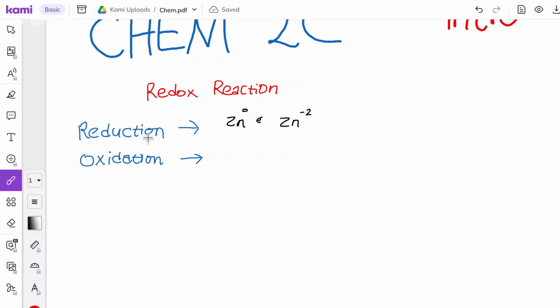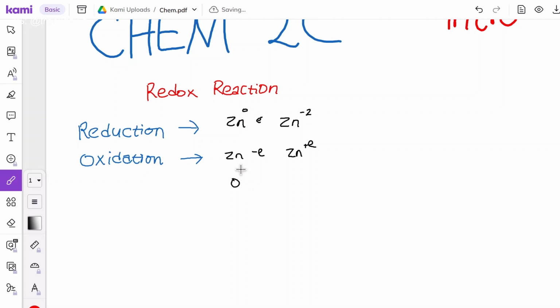And how I remember which is reduction, since oxidation is the opposite, is that reduction means the charge is reduced. That's how I personally remember it in my head. There are other acronyms and ways to remember it. And for oxidation, let's use the same element, zinc. Zinc being oxidized would become zinc 2+, which means it is losing electrons. So let's say an electron has a charge of -1.